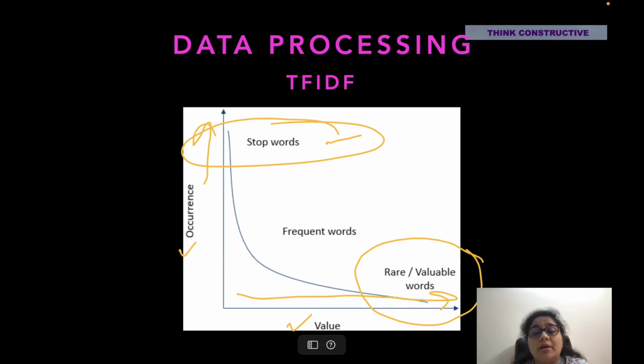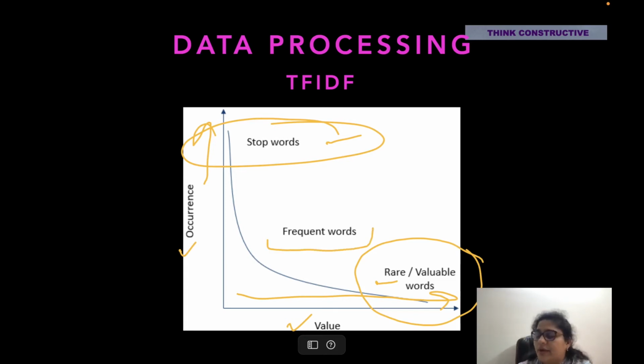So that word becomes very valuable, and it comes rarely, because in a corpus I cannot keep on talking about therapists. Its count will be less, but those will be valuable words.